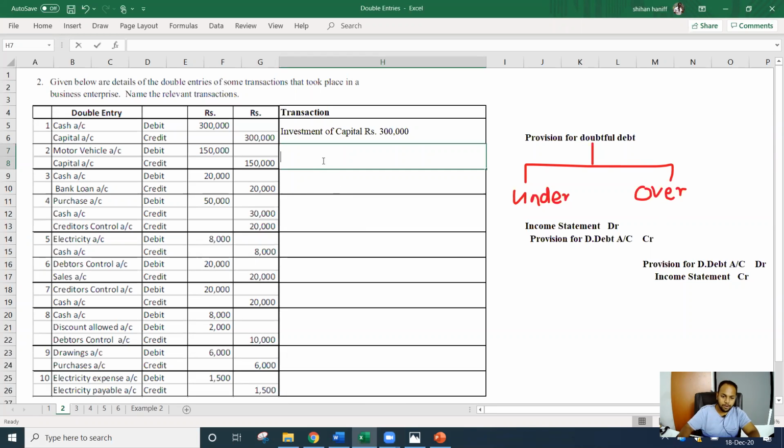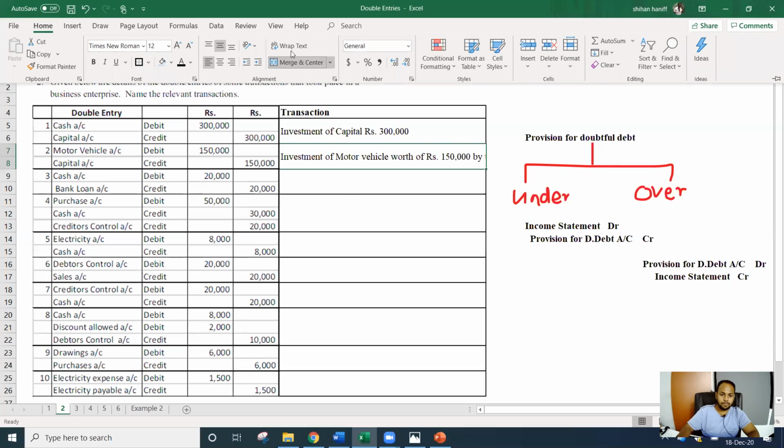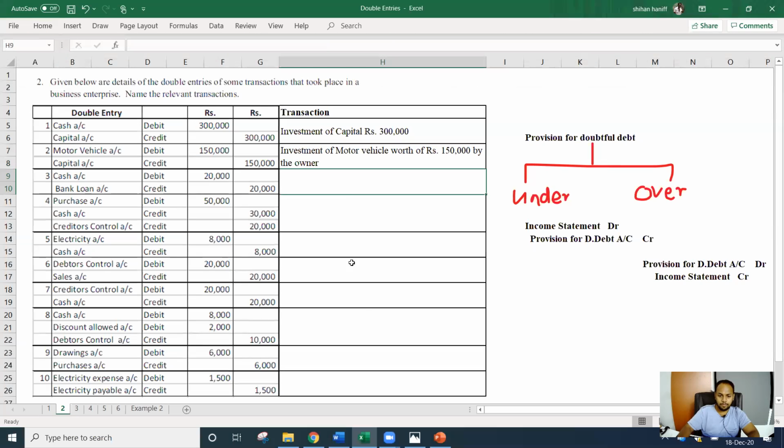It's investment of motor vehicle worth 150,000 by the owner. Investment of motor vehicle worth 150,000 by the owner.